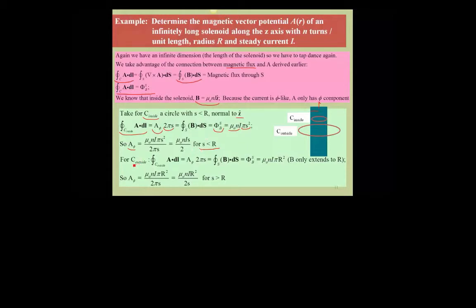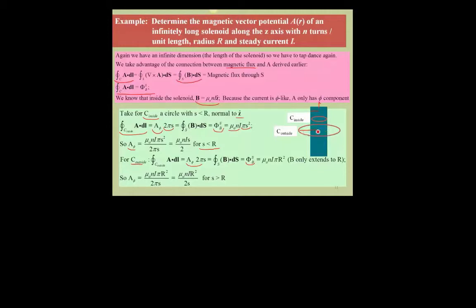So now let's go outside, and here we have the same expression for the A integral around the closed path C. For the same arguments, it's equal to this. And remember, s is this distance here, which is greater than R. So go through the argument of the flux again, and now what is the flux through this path? Well, realize there's only flux inside. There's no flux out here.